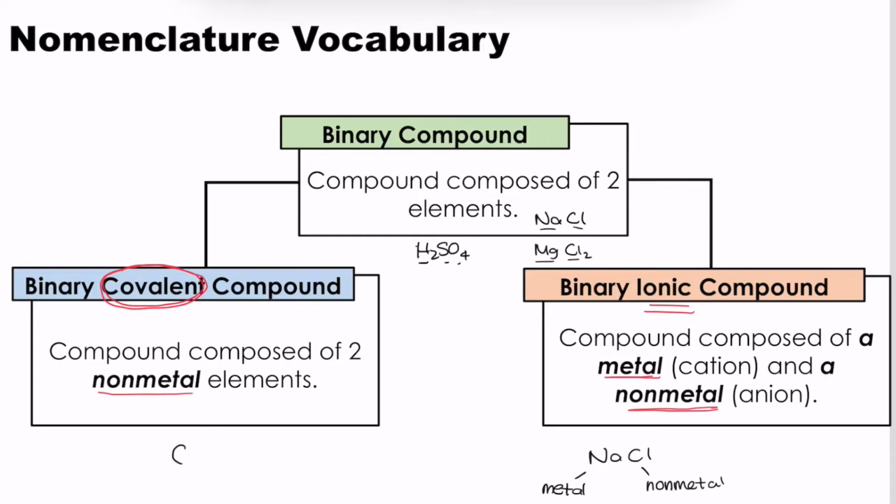Whereas if I gave you something like CO2, this is also binary because it's made up of 2 elements, carbon and oxygen. And carbon we know as a nonmetal. And oxygen we also know as a nonmetal. And so since it's made up of only nonmetals, we know that this is a covalent compound.